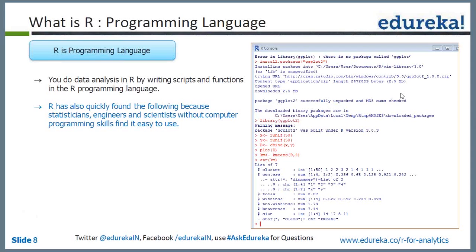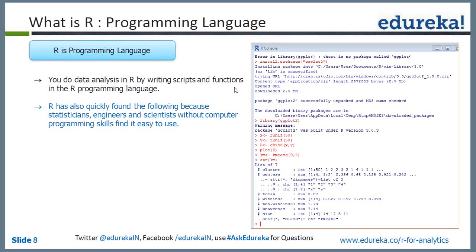Knowing R, I would say it has an edge over SAS when it comes to the number of companies using it and the overall usage in the industry. Definitely R is ahead. We will see that, and I'll just mention some comparison.